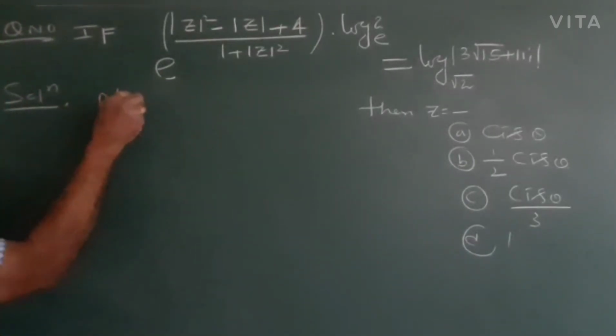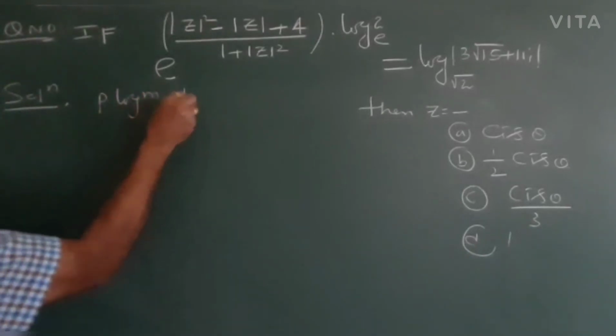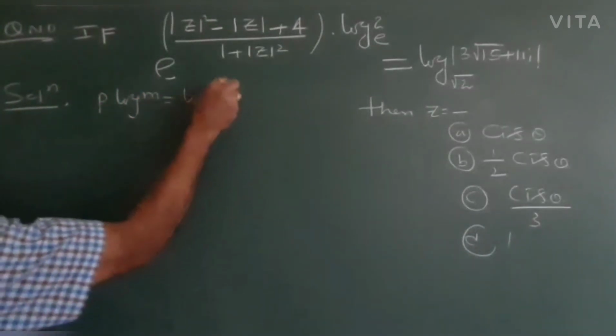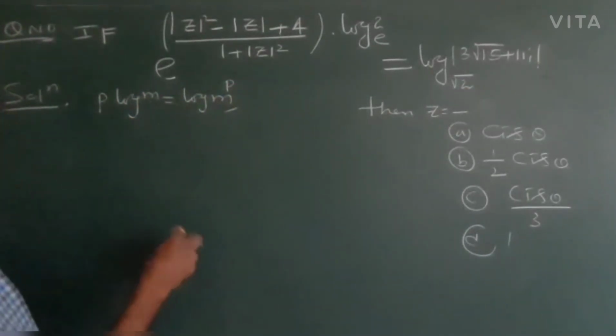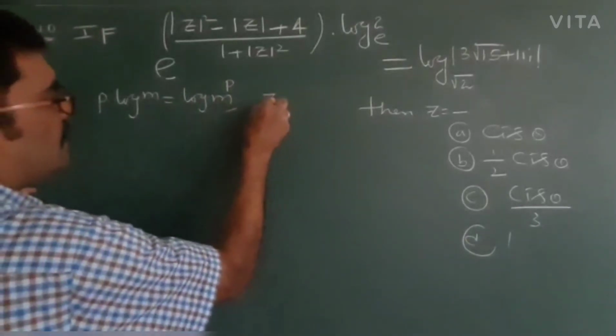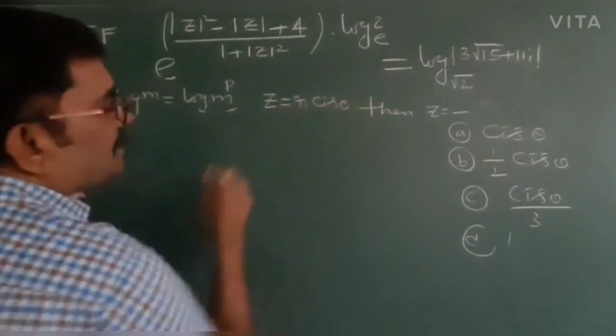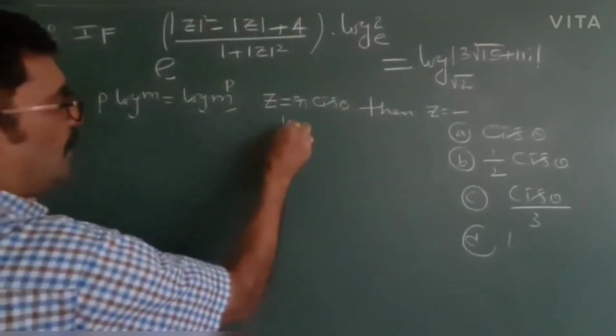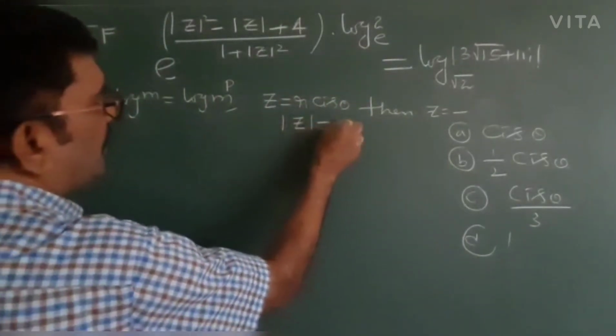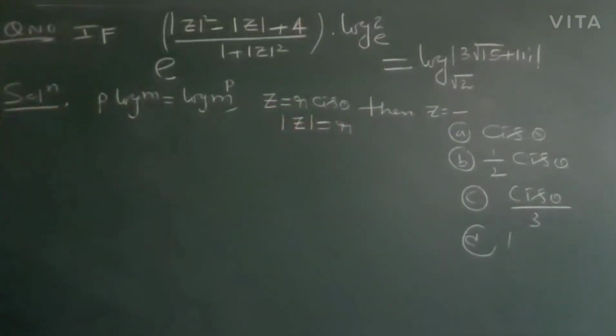p log m is equal to log of m power p, that is the concept. Later, let z be equal to r into cis theta, cos theta plus i sin theta. If I take the modulus, mod z is equal to r. Why? Because cos square theta plus sin square theta is equal to 1.